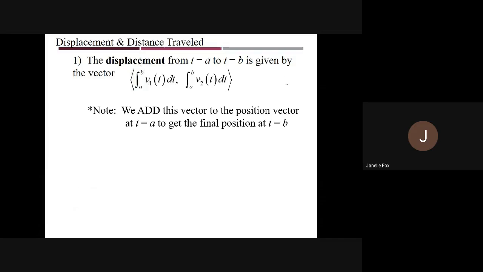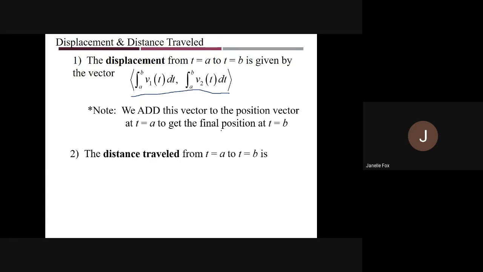If we wanted to find where the particle ended up, we would add your displacement answers to your initial position vector. So that's what you're writing in the note, that we add this vector to the position vector at time A to get the final position at time B. Wherever you're starting, what's the position there, and then we add the displacement.